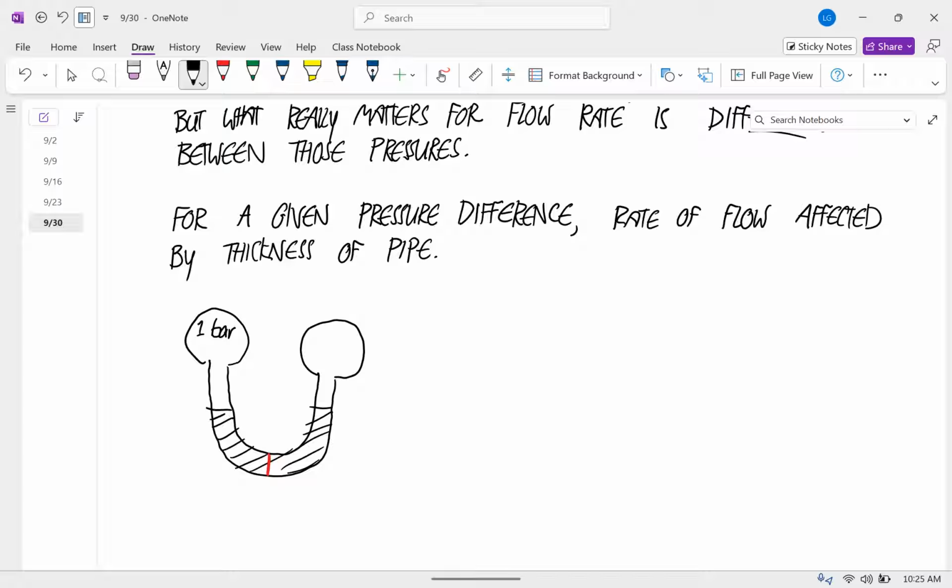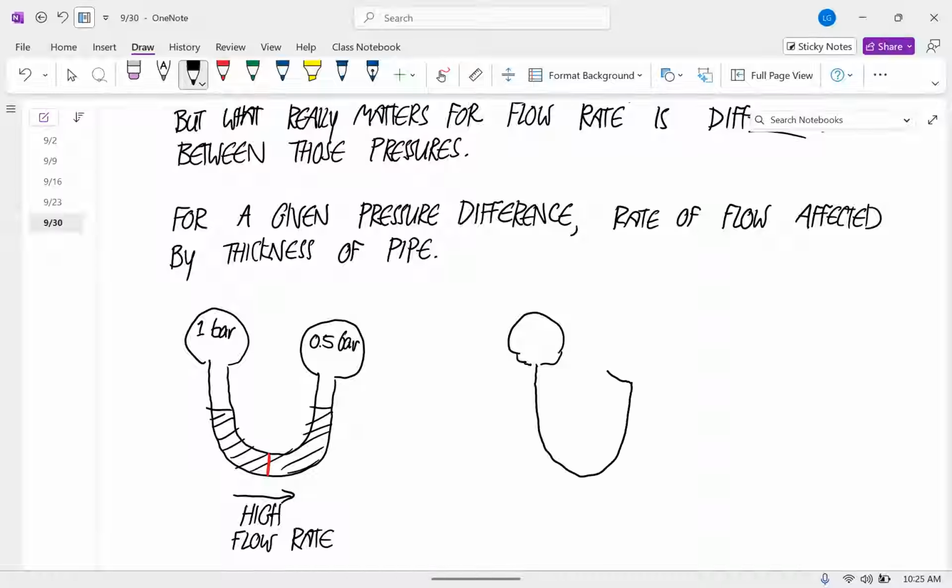So let's say that's 1 bar of pressure there and half a bar of pressure here. Okay, you're going to get a high flow rate compared to a thing where you have 1 bar of pressure on this side and it's going through a very narrow passage.